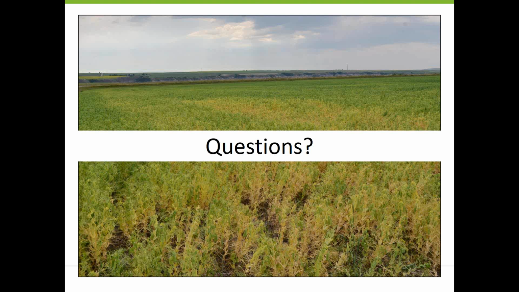The other question about correlations: when we did the surveys, we tried to collect information on the previous crop, with most of the previous crop being a cereal or a canola, obviously, and we didn't find any correlations between previous crop and disease level or disease presence.